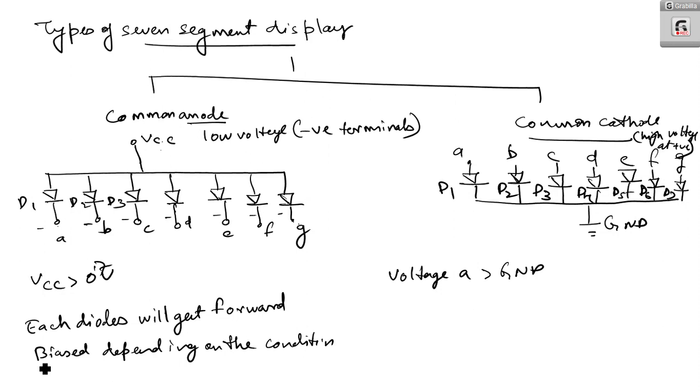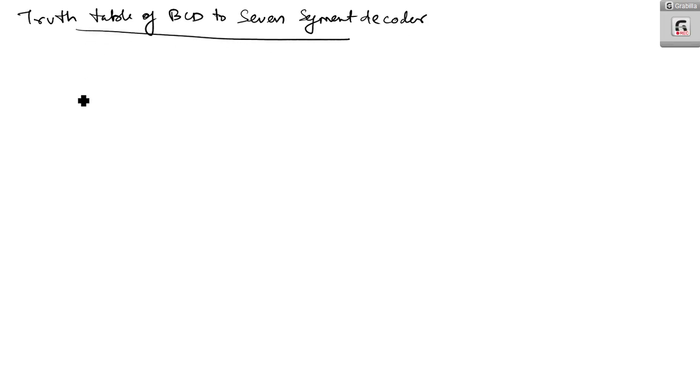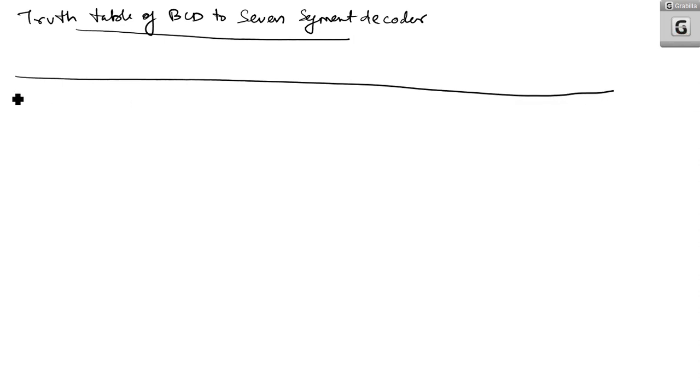Now coming to the truth table of the 7-segment display. Truth table of the BCD to 7-segment decoder. First I will take the decimal digit.